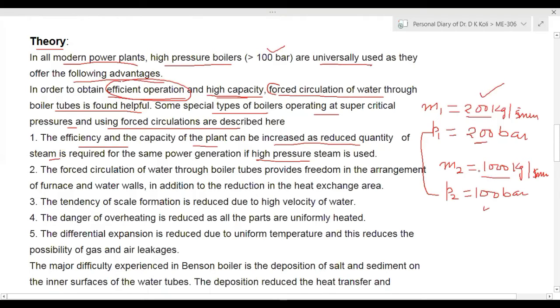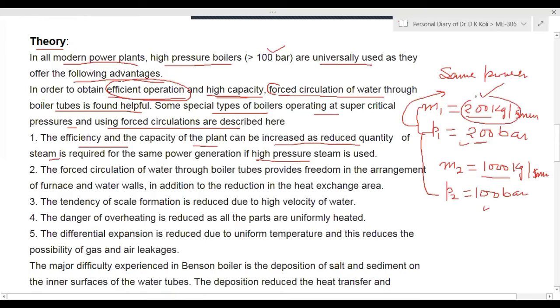So what happens if these two boilers are being operated and producing power for the same power generation? For the same power generation, the boiler operating at high pressure will require a smaller quantity of steam, but the boiler operating at low pressure will require a larger amount of steam. So this is the difference.